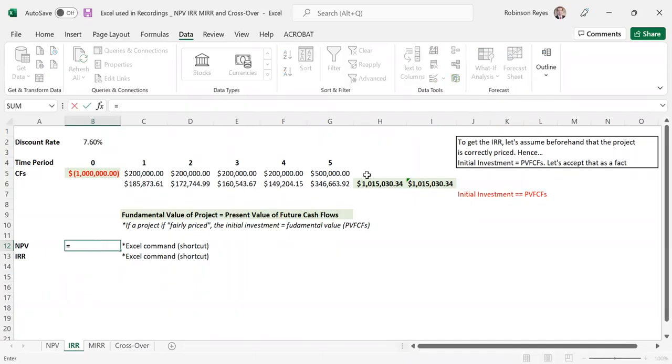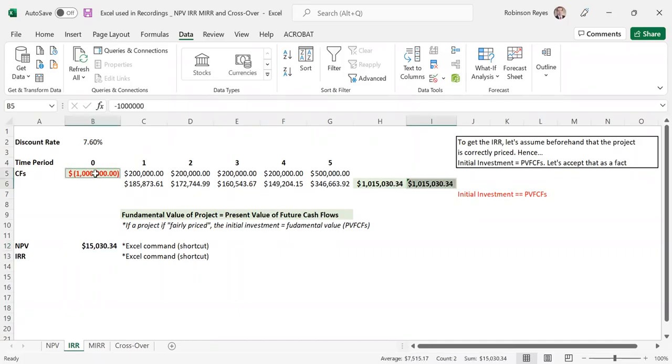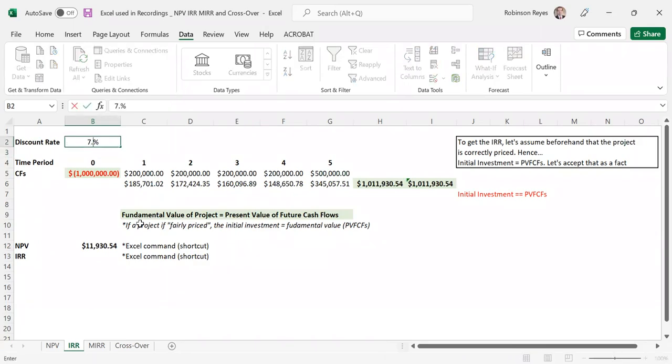Let's keep in mind then NPV is the present value, the fundamental value of a project, or present value of future cash flows, minus the initial investment, because that initial investment is negative. I'm just adding. So of course, because these two things are not the same, NPV is not zero. When we achieve our goal to make these two things the same, NPV will become zero. As we continue increasing this rate, NPV is getting closer to our goal, which is zero.